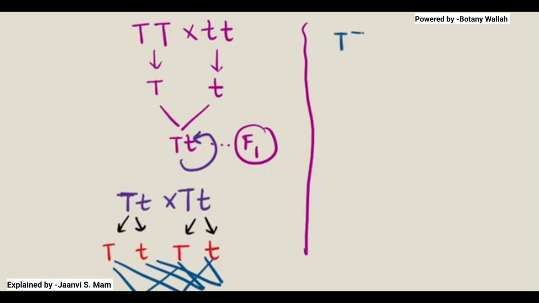So you got capital T capital T, capital T small t, capital T small t, and small t small t. This was F1, and this is your F2 generation. Here the gametes we have considered are capital T, small t, capital T, small t.